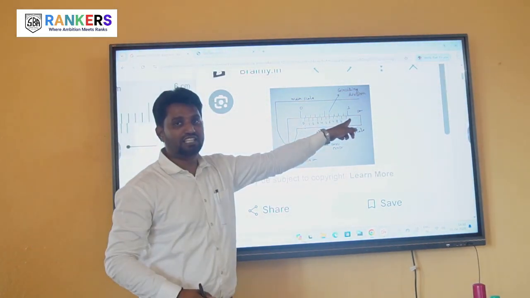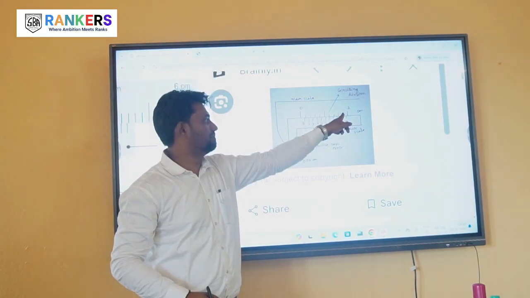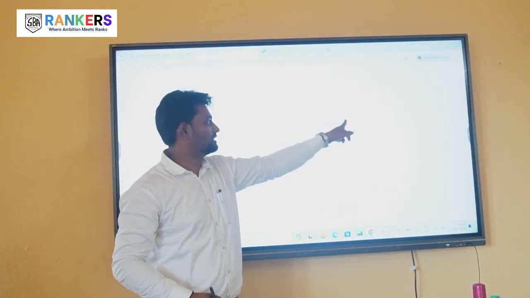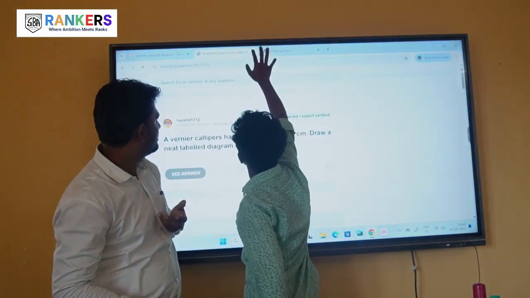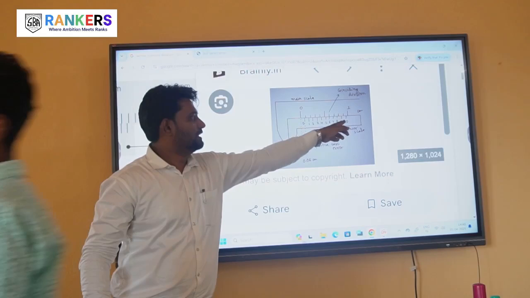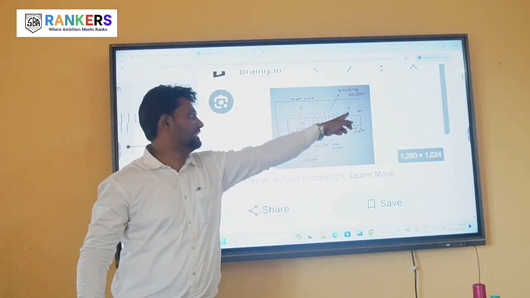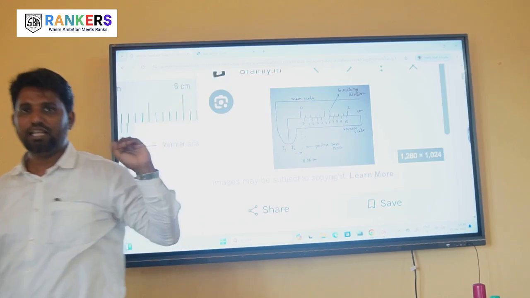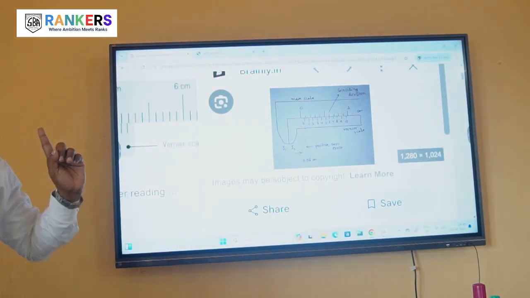This 10th division of the Vernier scale coincides with the previous one, because, see, this 10th division of the Vernier scale does not exactly match with 1.